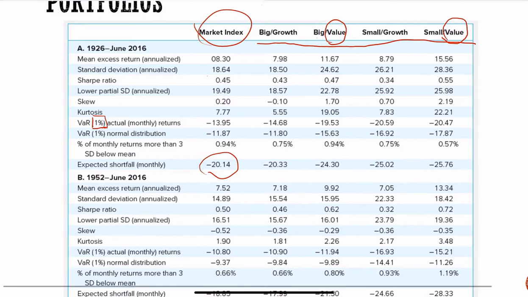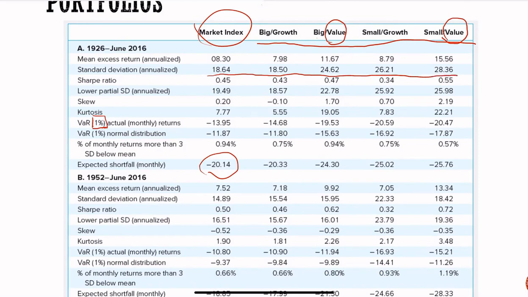If you look at the standard deviation here, and then if you look at the standard deviation here, you can see that there is a decrease in standard deviation, which means that standard deviation before 1950 was actually quite large. And what about Sharpe ratio? Well, you can see that Sharpe ratio roughly stays the same, right?